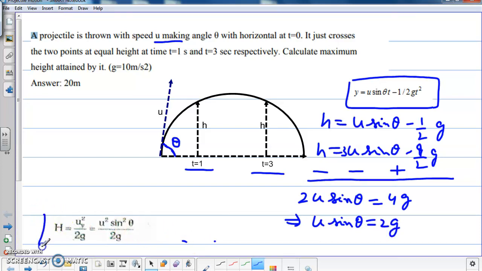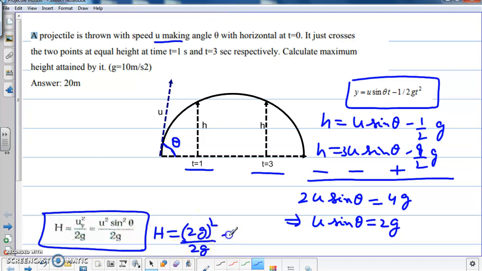Now using the formula for maximum height, we get h is equal to (u sin theta) whole square upon 2g, which is (2g) whole square upon 2g. So it is equal to 2g, which is 2 into 10, that is 20 meters per second.